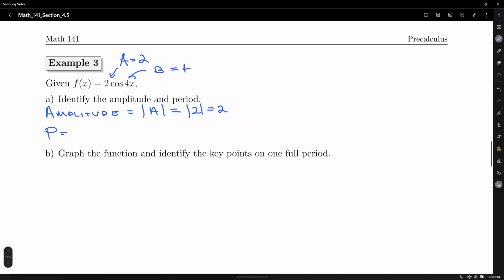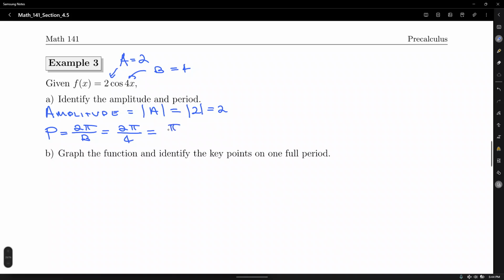So for the period, which is 2 pi over b, that equals 2 pi over 4, but this one actually reduces to pi over 2.